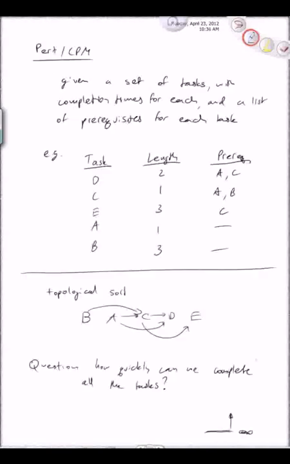So a prerequisite chain stops us from completing the tasks earlier. So what are some examples of prerequisite chains from our little example here? One prerequisite chain would be something like B, C, E.